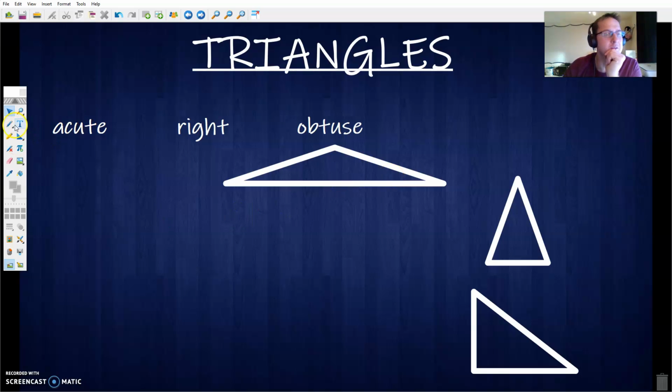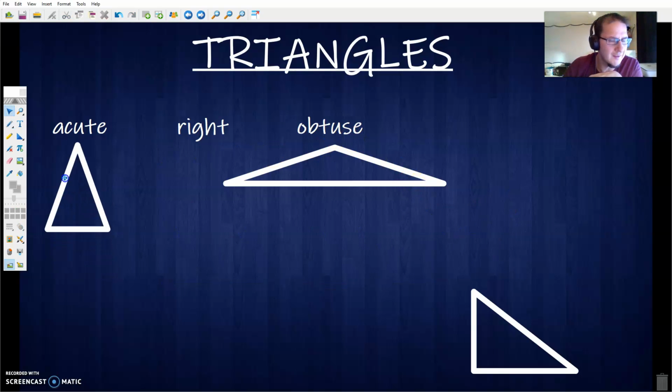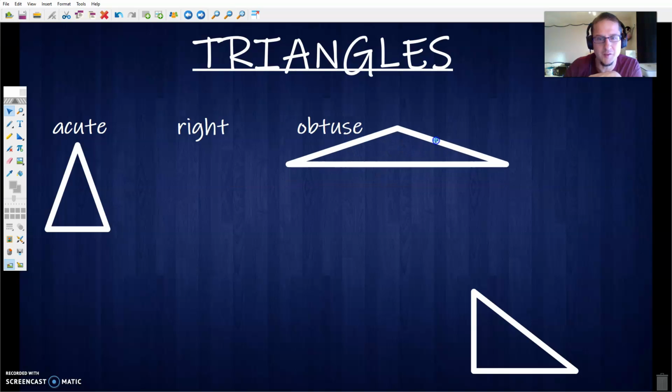Now, with this one here, all three of these angles are going to be less than that 90-degree mark. And if all three angles are acute, then that's an acute triangle.